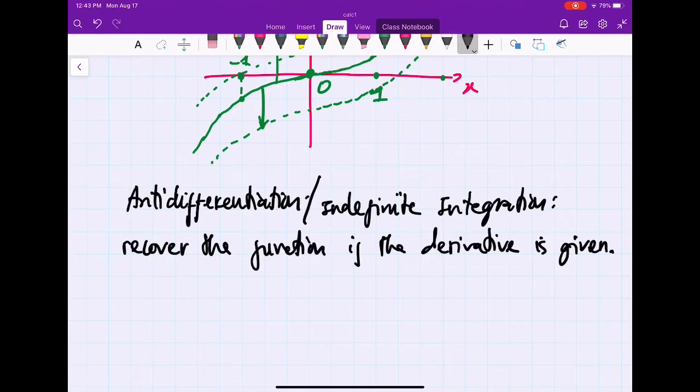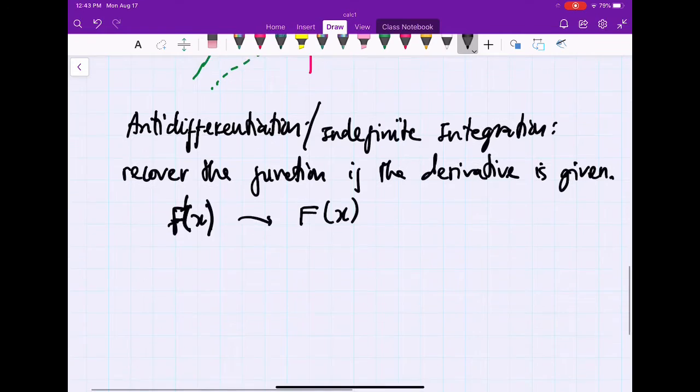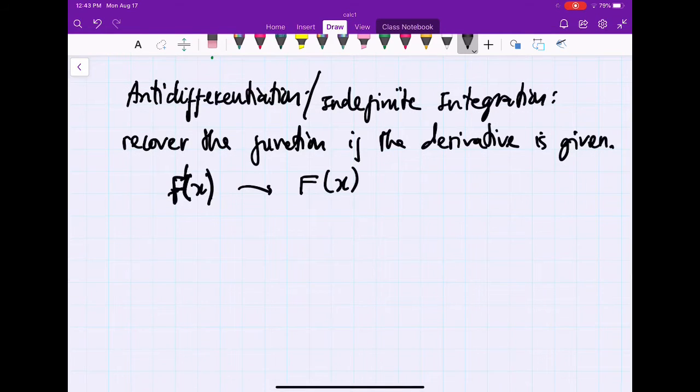Does that make sense? So we know f prime, and we need to find f, right? That is an interesting problem, and you might think that this operation is the opposite of differentiation, so we have anti-differentiation.